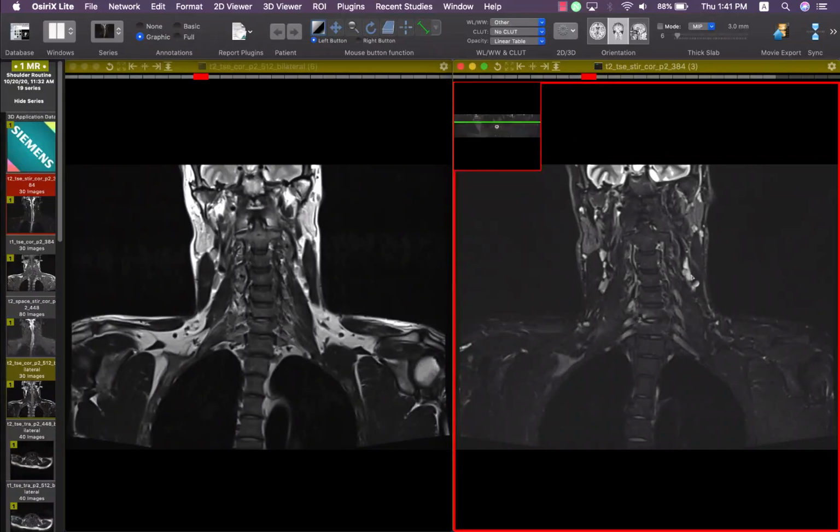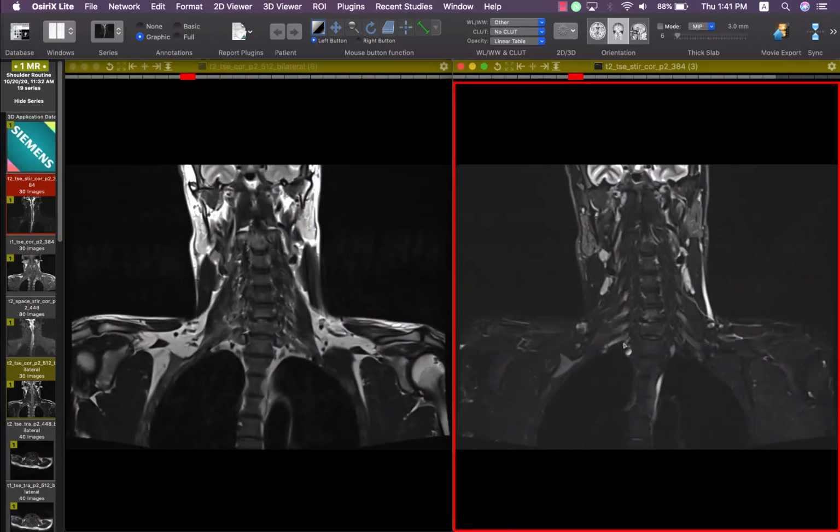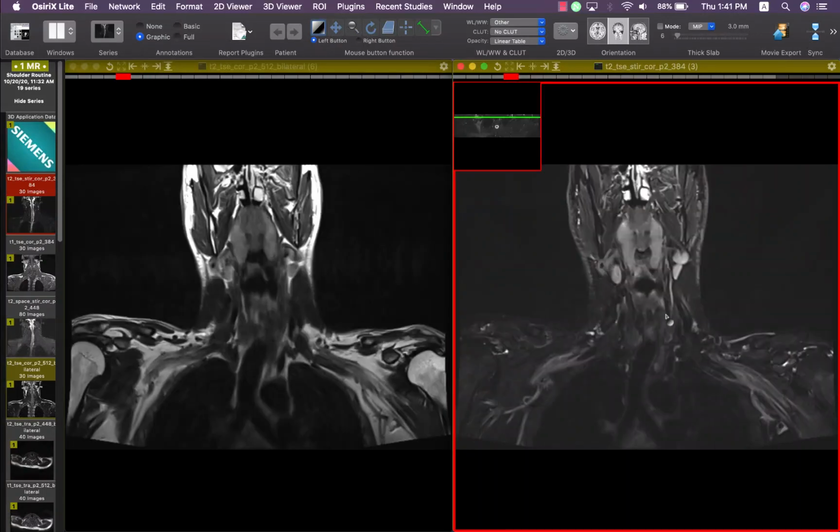This is the roots of the brachial plexus here, in the interscalene space, and these are the trunks and cords of the brachial plexus in the costoclavicular and retropectoralis minor space.